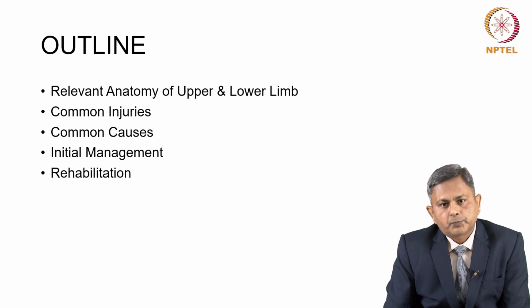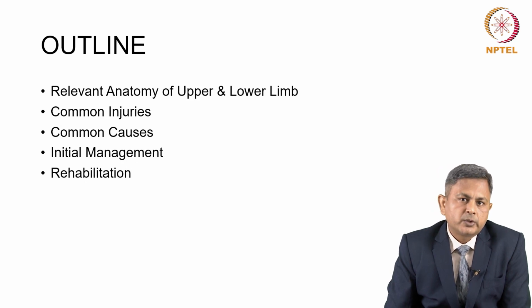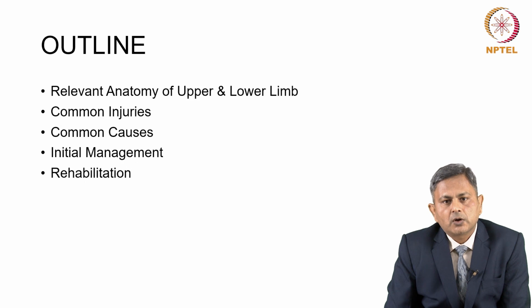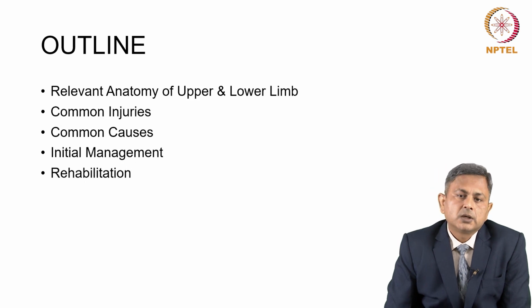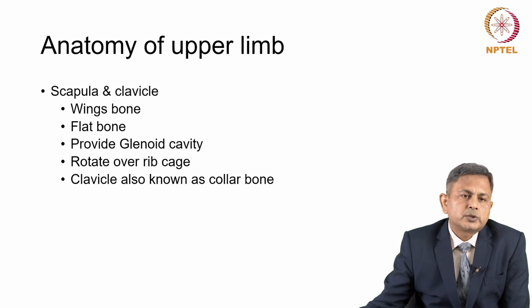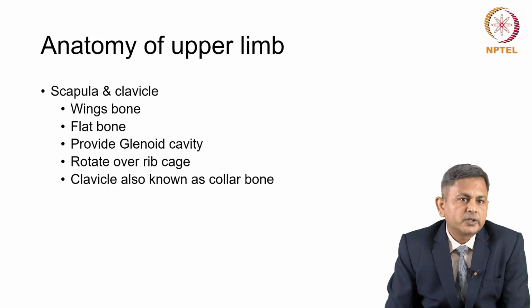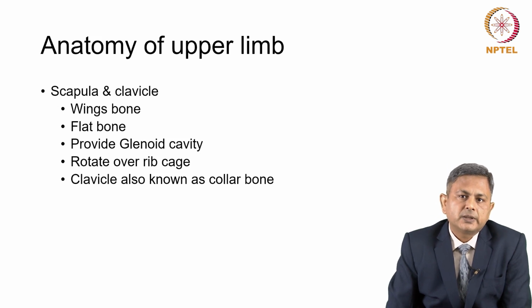In this module, we will read about the bony anatomy and the musculature of the upper limb and lower limb. So students, first we will learn about the anatomy of the upper limb.